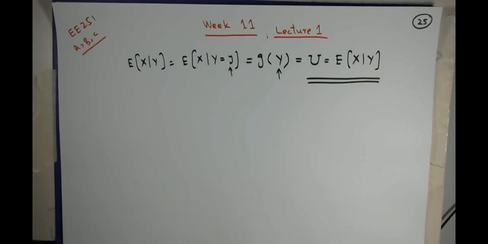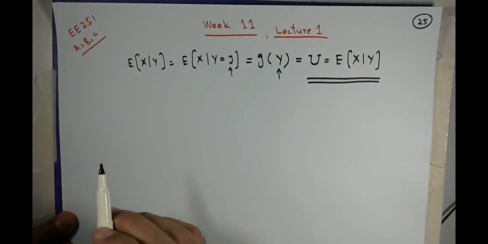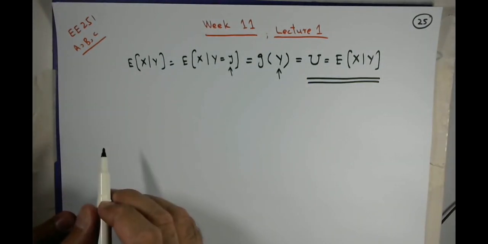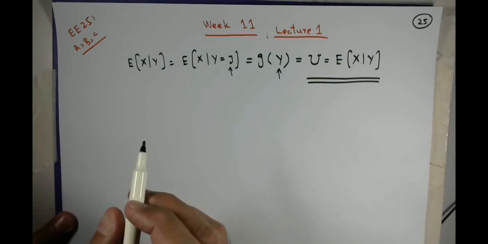Just on an interesting note, let's try to calculate the expectation of this u. You might be thinking, what will be the expectation of this derived random variable u?